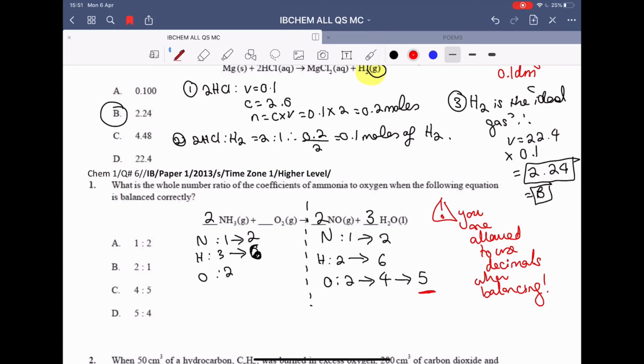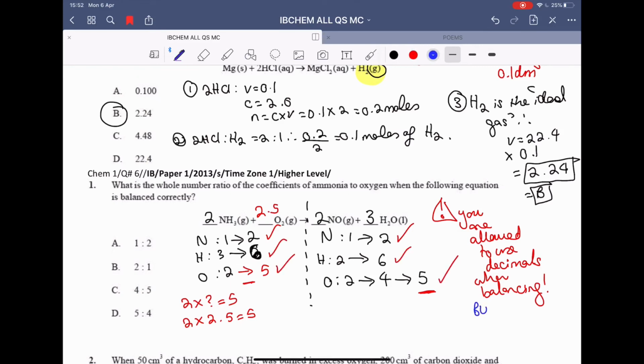It was very difficult to do. So on the left, O2, there's only 2 oxygens, and on the right, there are 5 oxygens. 2 times what is 5? We know that 2 times 2.5 is 5, so let's put a 2.5 there and see if it balances the entire equation. And oxygen does become 5 on the left. So the equation is balanced.